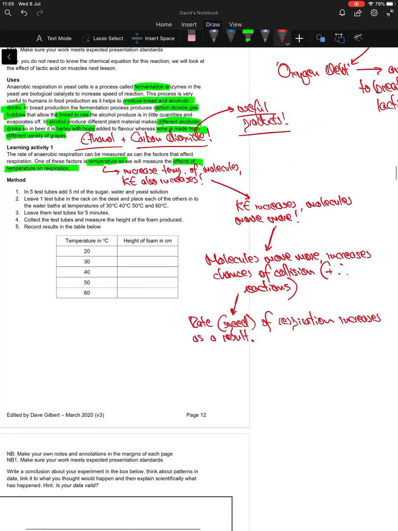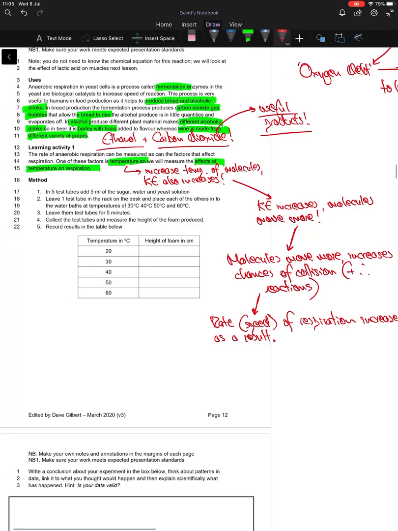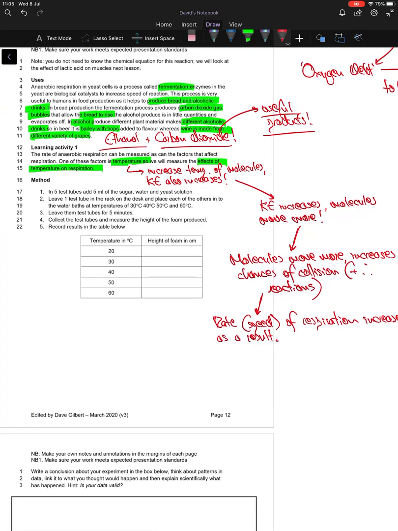So, bearing that in mind, having a look at this practical. In 5 test tubes, add 5 millilitres of the sugar, water and yeast solution. Leave one test tube rack on the desk and place the others in a water bath at temperatures of 30, 40, 50, 60 degrees Celsius. Leave the test tubes for 5 minutes, collect the test tubes and measure the height of the foam produced.